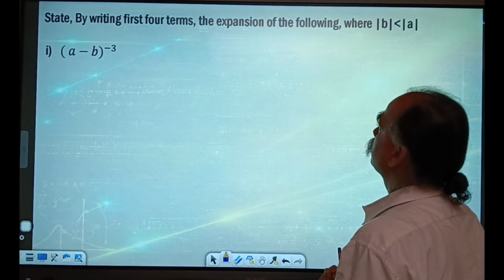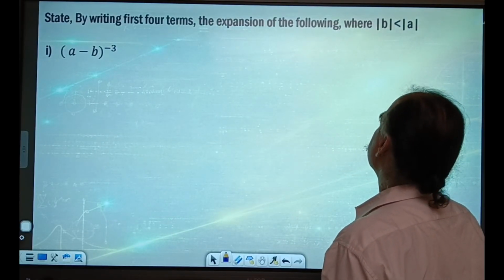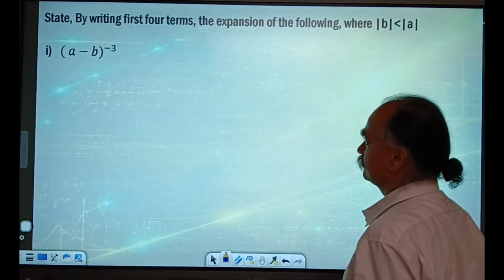State by writing first 4 terms the expansion of following where modulus b is less than modulus a.